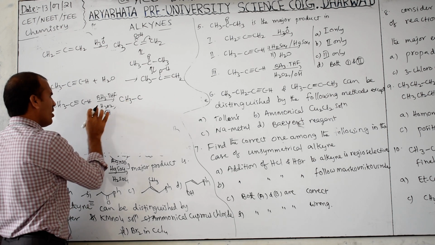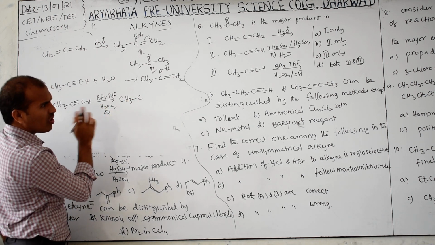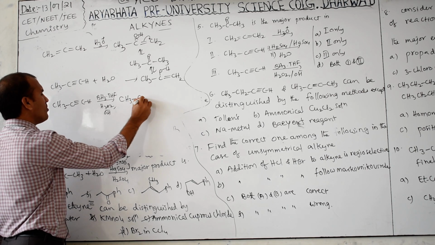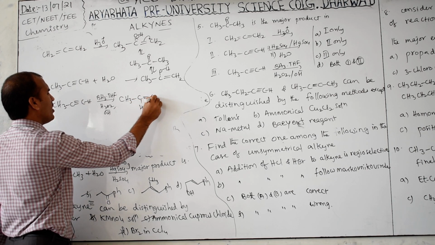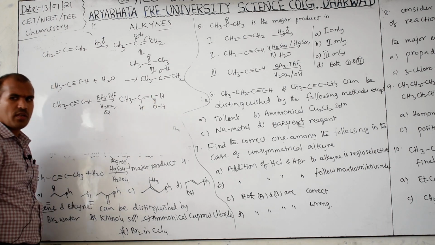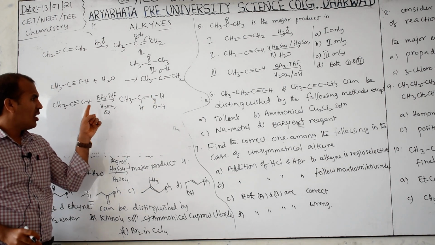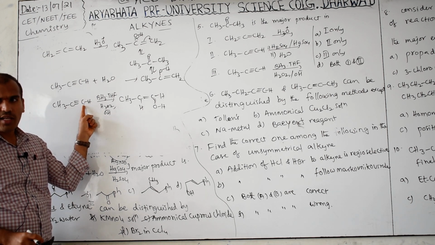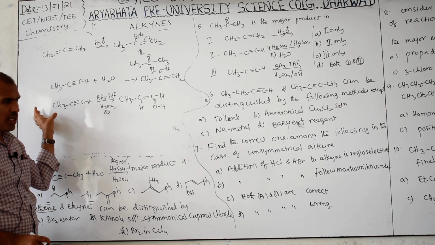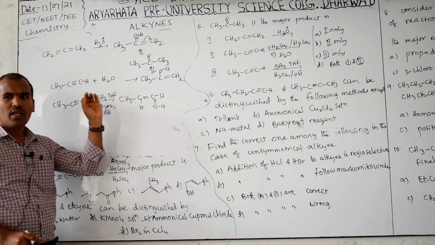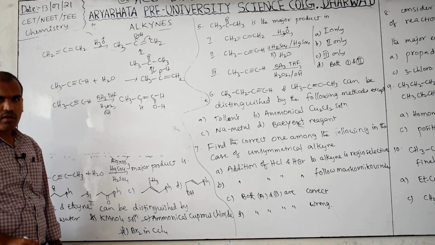Water molecule is also there, so here will be H and here will be CHOH. Actually OH bonds to the carbon with fewer hydrogens, less sterically crowded. Here CH3 is a bulky group, H is a smaller group, therefore OH always bonds to the less sterically crowded carbon.